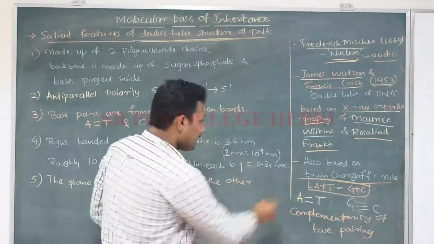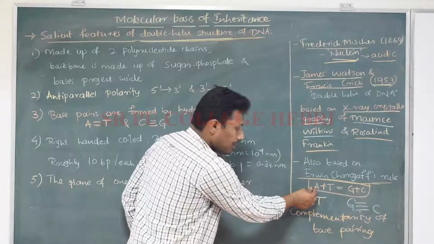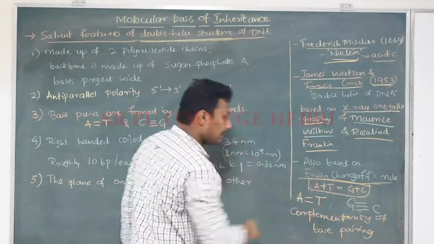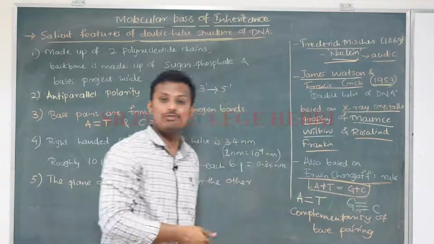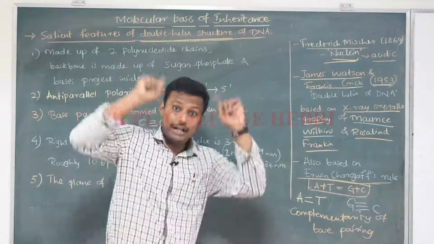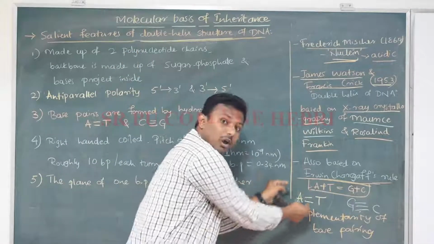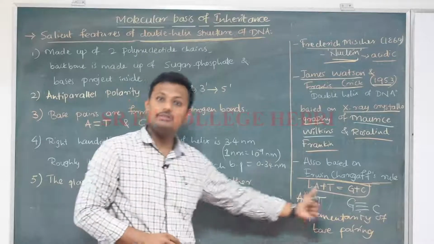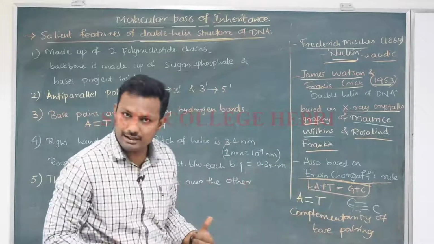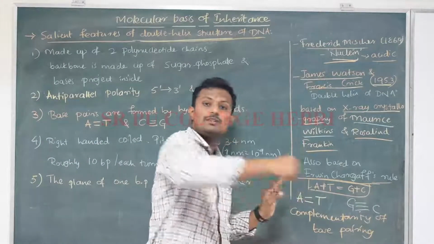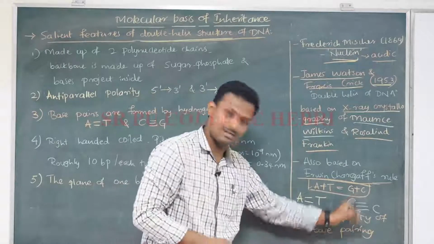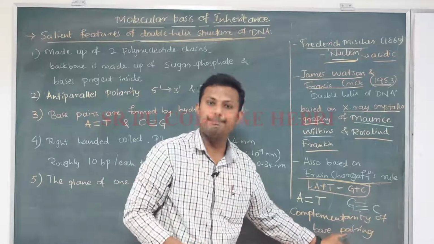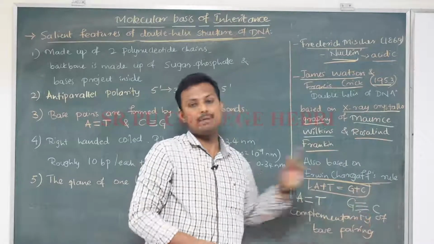That means the proportion of A and T will always be equal, the proportion of G and C will always be equal, right? And it is also true that when A always pairs with T, A is a purine, T is a pyrimidine. Even in this case, G is a purine and C is a pyrimidine, right?